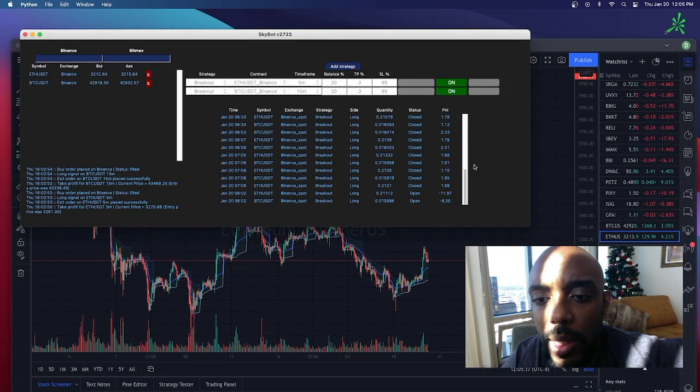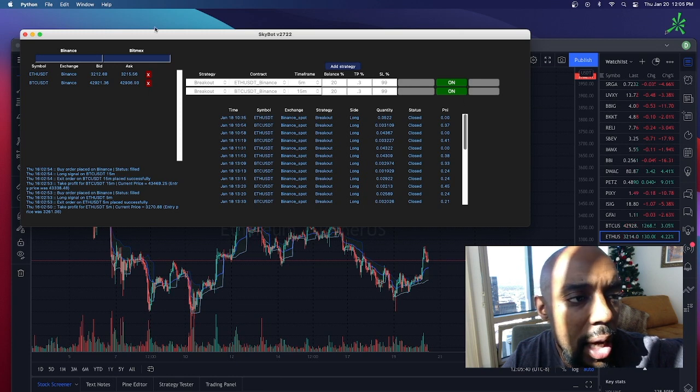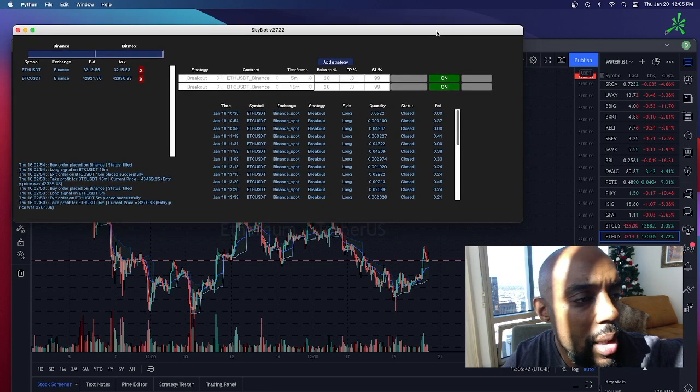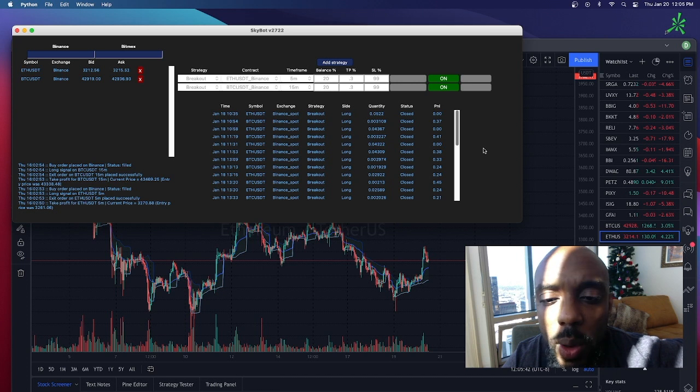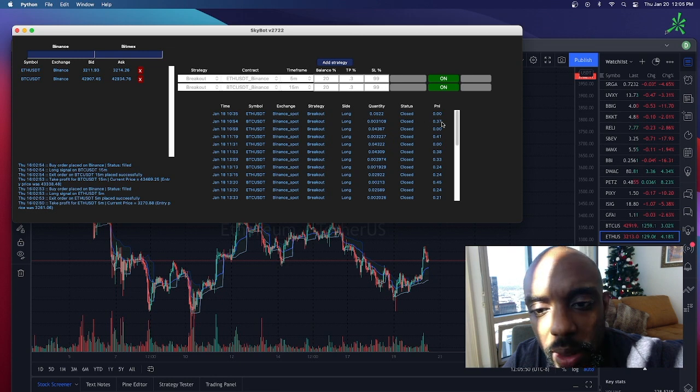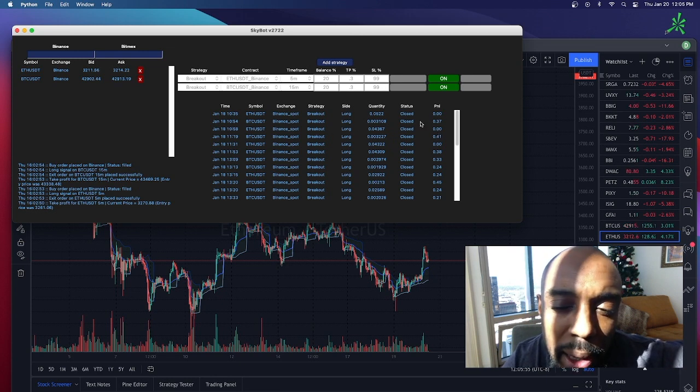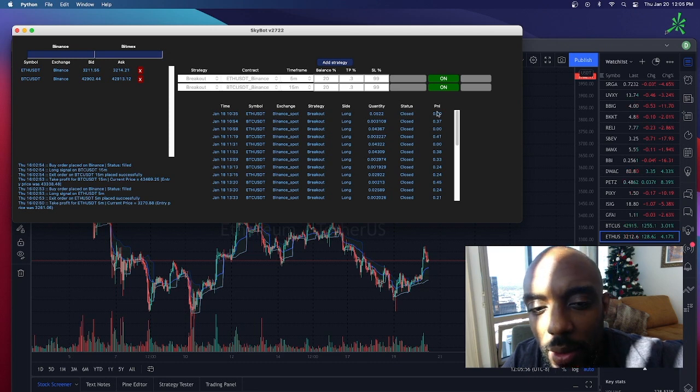Boom. Okay, so we got the SkyBot pulled up here. As you can see, this is the same bot we've been running for the past 72 hours. You can see the trades here from January 18th, but it's positive, so that just means it was probably too small of a trade to register completely.